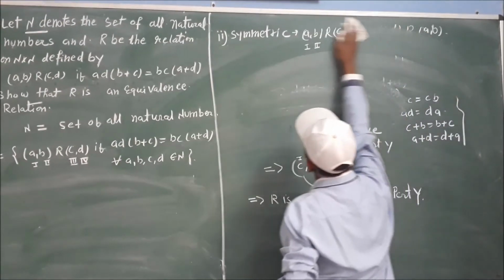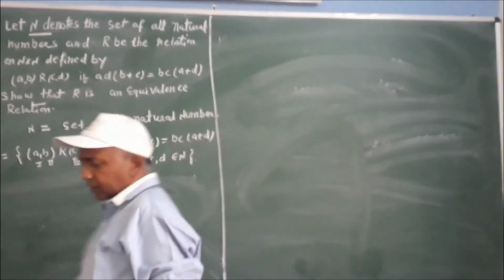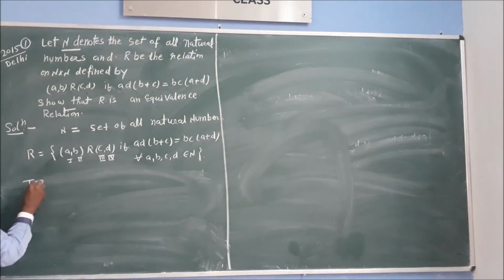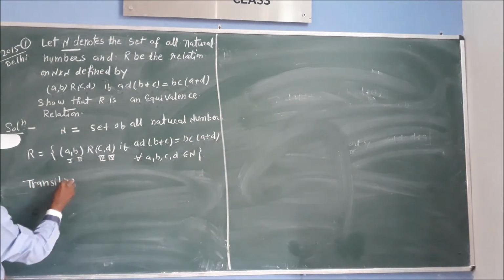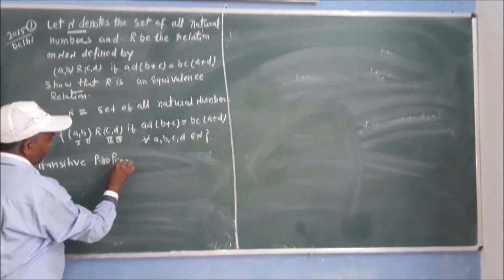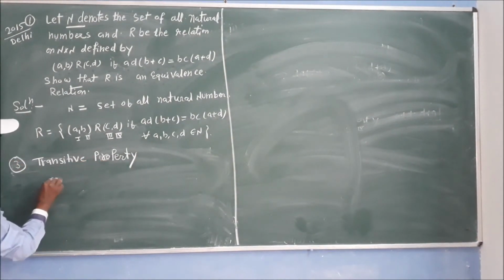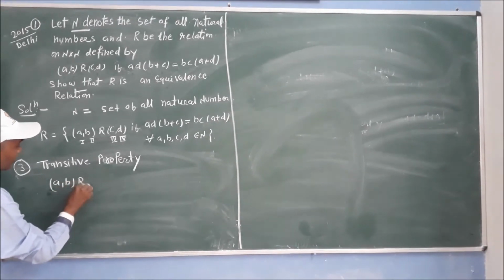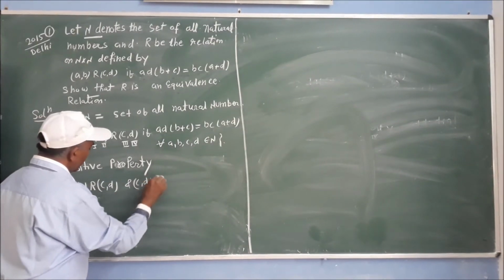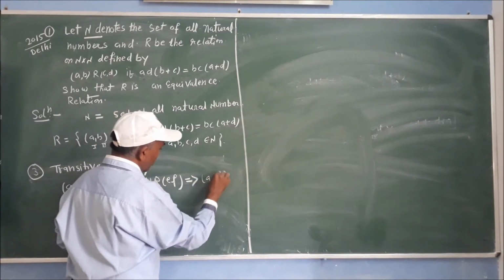To show the transitive property, we have to follow these steps. For the transitive property, we have to show that AB is related to CD and CD is related to EF implies AB is related to EF.